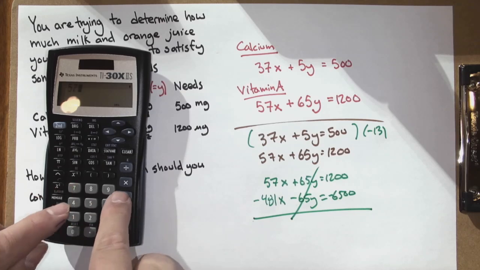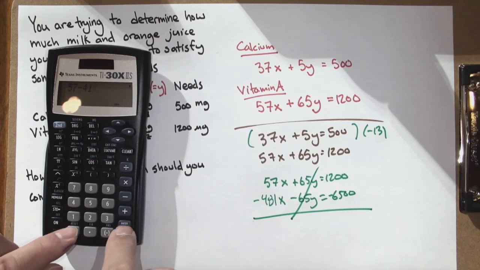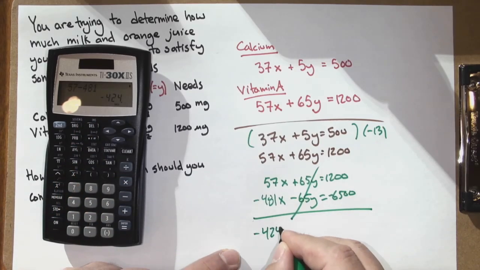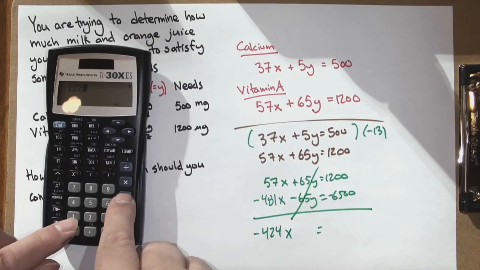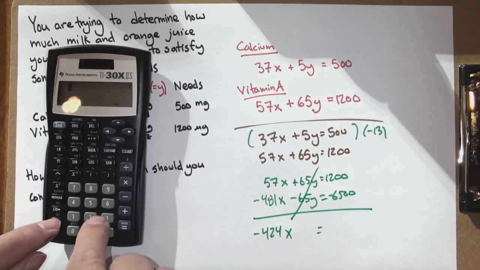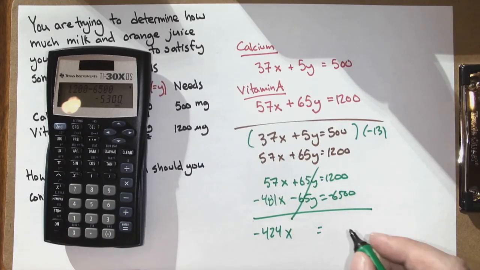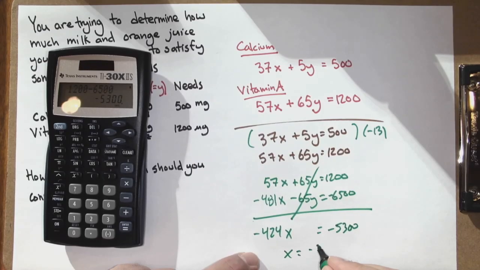So 57 subtract 481. We get negative 424x is equal to, and then we take 1,200 subtract 6,500. Get negative 5,300. So we end up with x equals negative 5,300 over negative 424, which is good, because that means we're not going to get a negative number out.